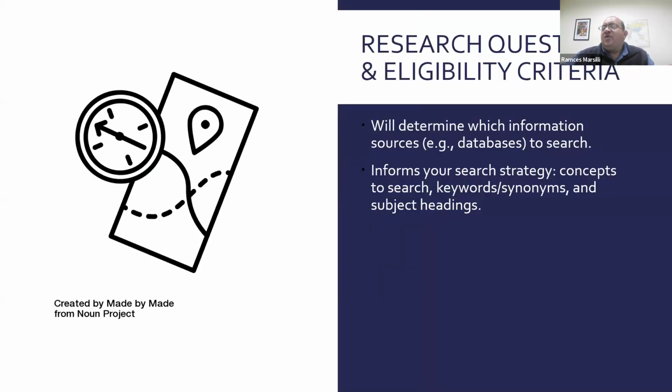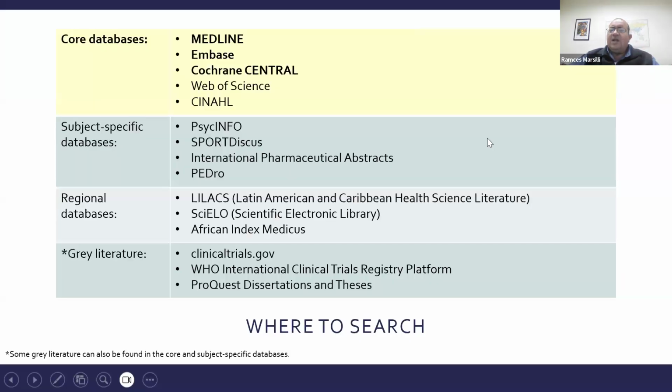So the research question and eligibility criteria will determine which information sources, or databases, to search. And that'll inform your search strategy, your concepts to search, keywords, synonyms, subject headings, all that good stuff. So, which databases do we look into? It all really depends on what your topic is.